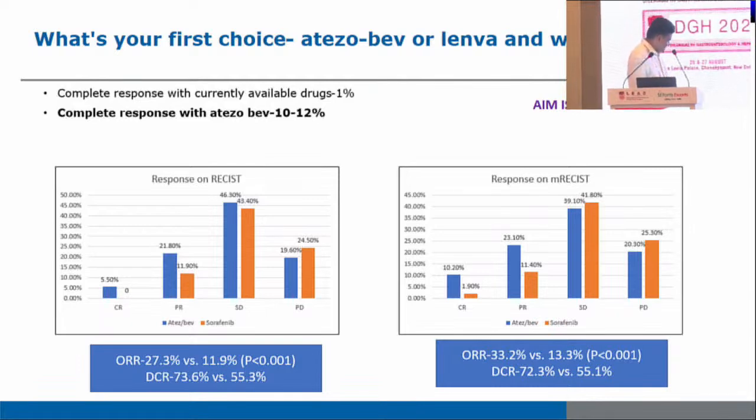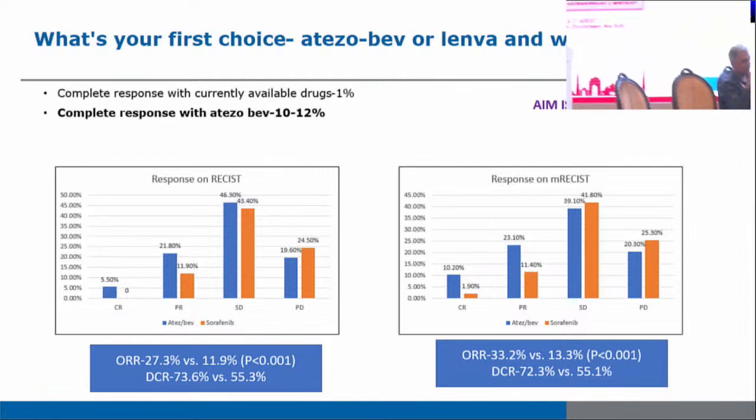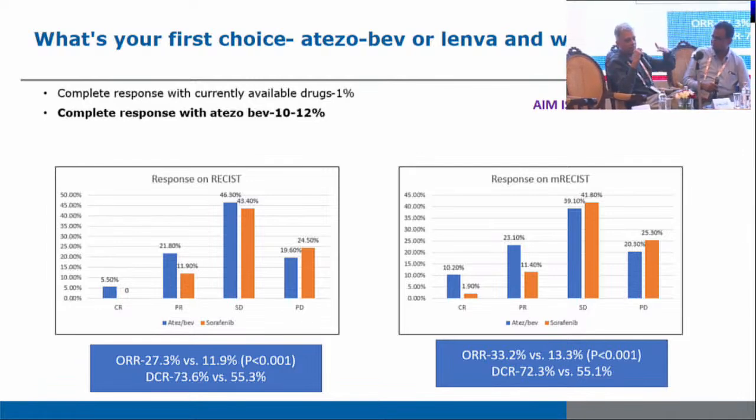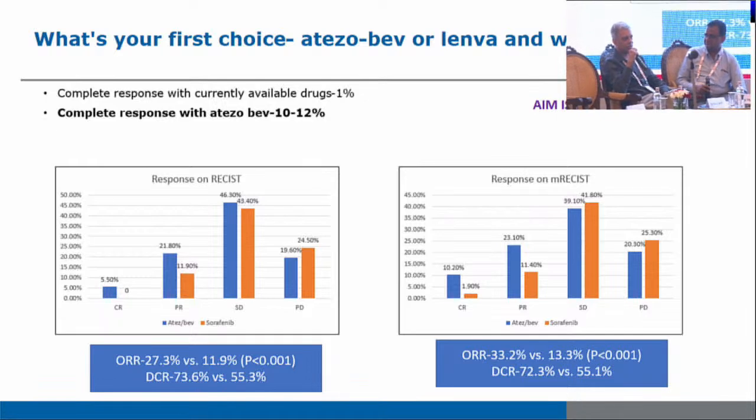So data would definitely support it. Even the BCLC guidelines suggest that atezolizumab is the first-line therapy, and next come the other therapies. But when it comes to clinical practice, we've got a lot of questions, which were raised in the last talk, about how much to give, when to give, when to stop, but cost is a major issue.